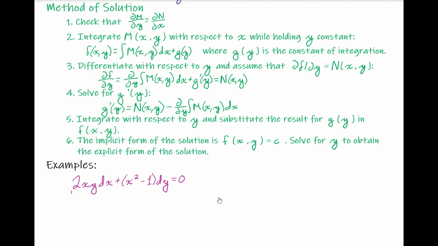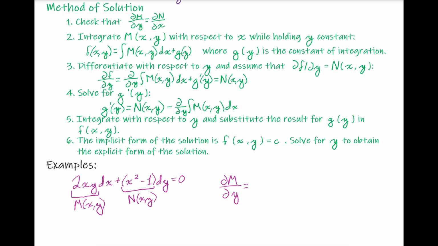So first I'm going to identify this is M of x,y, and this is N of x,y. So my first step, I need to take the partial derivative of M and the partial derivative of N. To take the partial derivative of M with respect to y, I'm going to consider my M of x,y expression through a lens where I'm looking at y as a variable and x as just a constant.